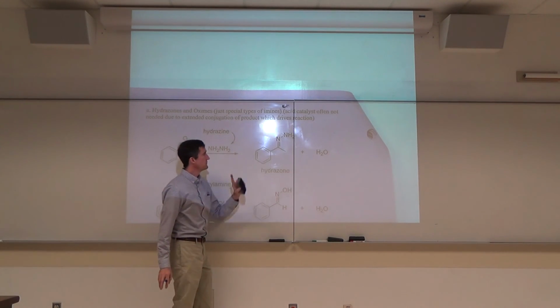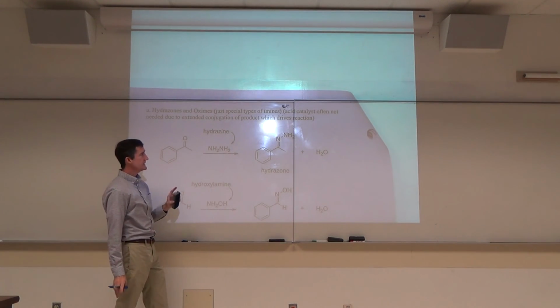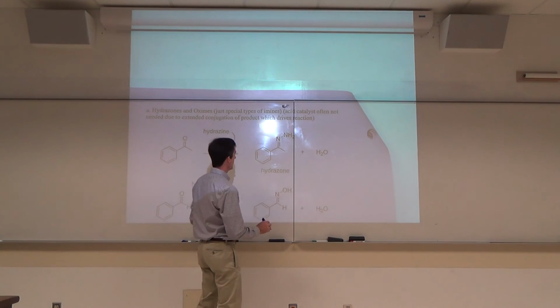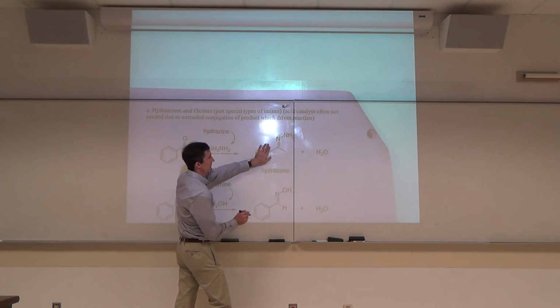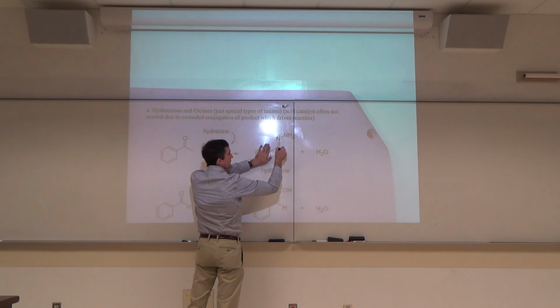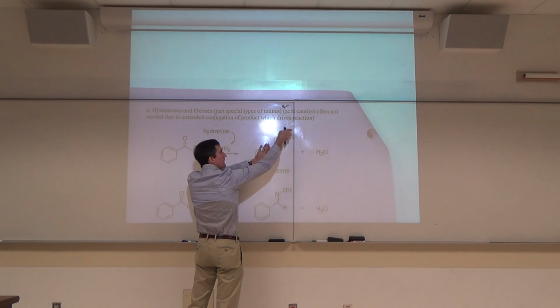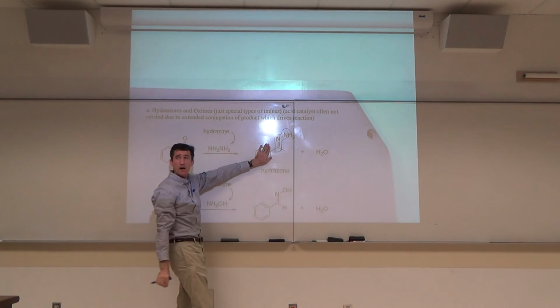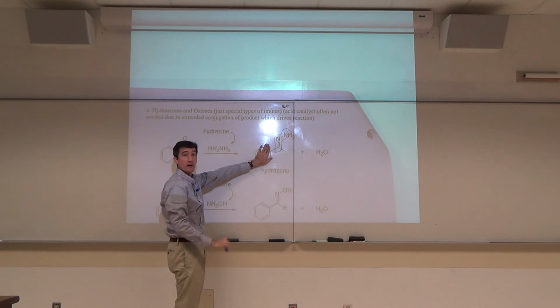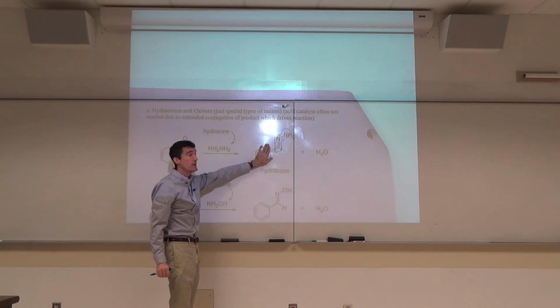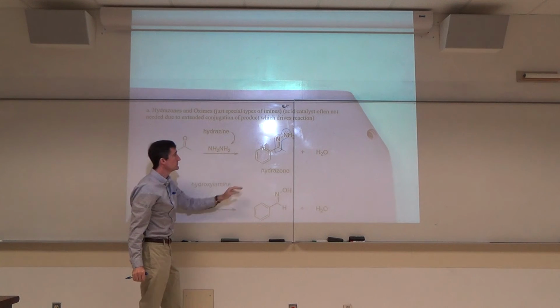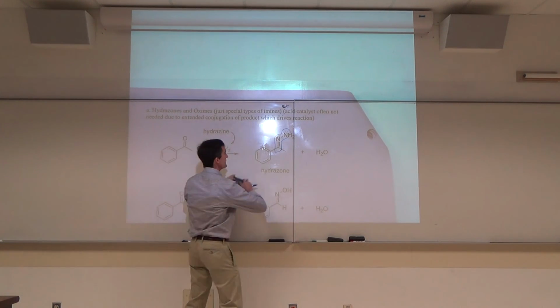So, hydrazone. Typically you don't need an acid catalyst because you have conjugation here. The lone pair being conjugated with the double bond usually is enough to drive it to the right. So you often don't need acid catalyst.